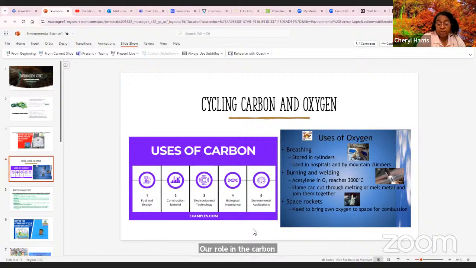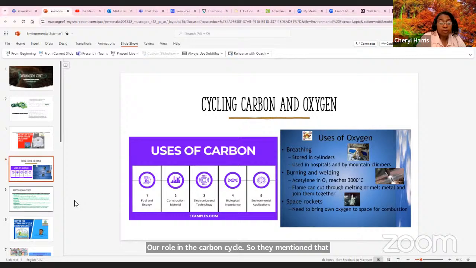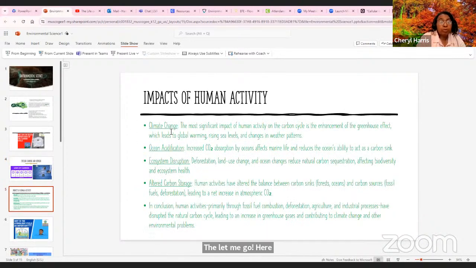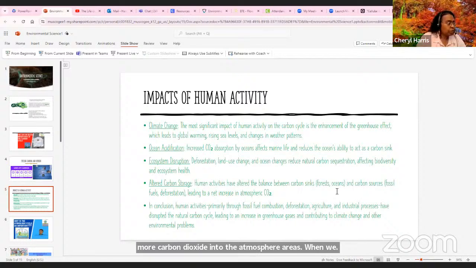So they mentioned that we are disrupting the cycle. We are causing climate change by adding more carbon dioxide into the atmosphere. We're altering the storage areas. Trees are a storage area.